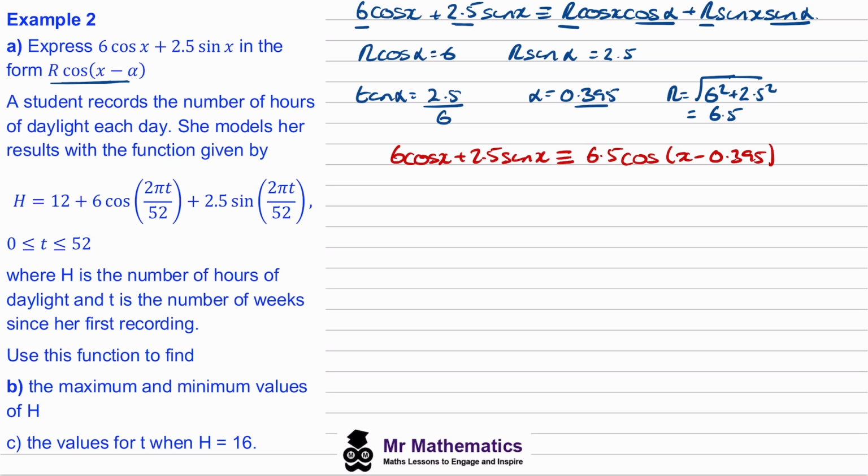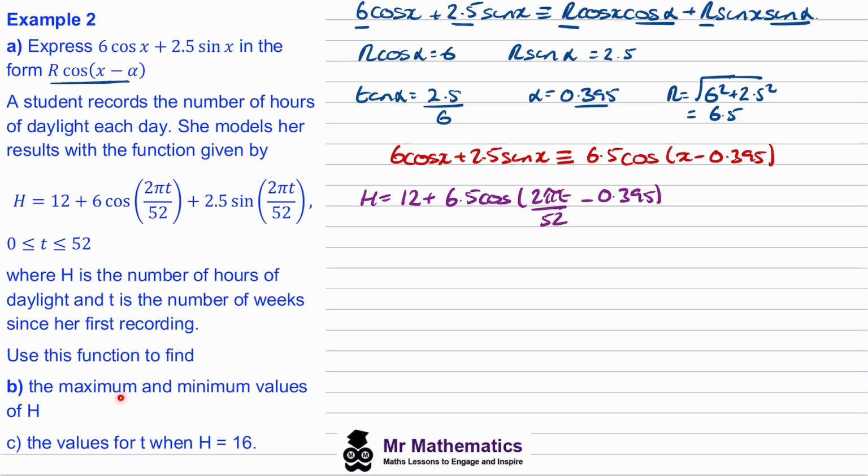And then for part B, we need to substitute all of this into this part of h. Now x will be 2 pi t over 52. So we'll write h will equal 12 plus 6.5 cos of 2 pi t over 52 minus the 0.395.